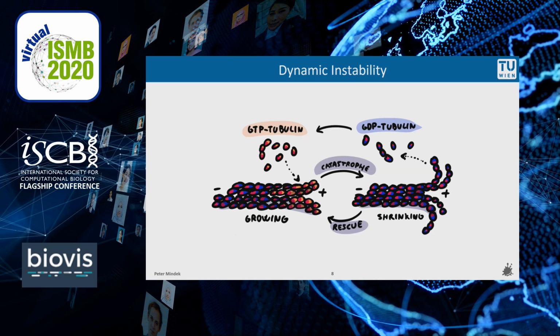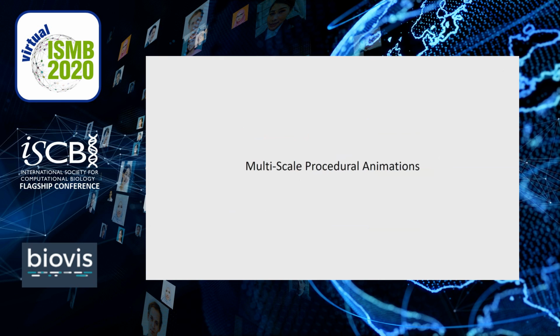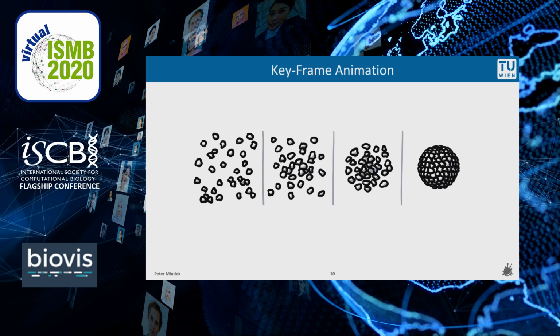They are long hollow polymers made of protein called tubulin. We have some understanding of how the tubulin molecules bind together to make the microtubules grow and then disassemble again. But we are still learning new aspects of this process as we cannot directly observe it under a microscope on the molecular level. To model this dynamic process, we introduce multi-scale procedural animations.